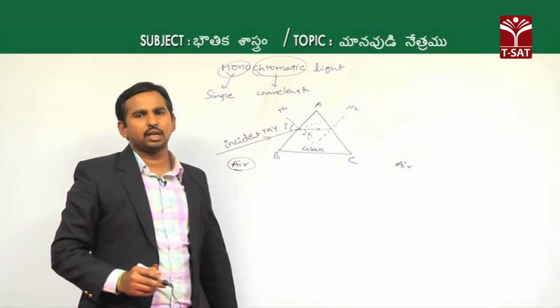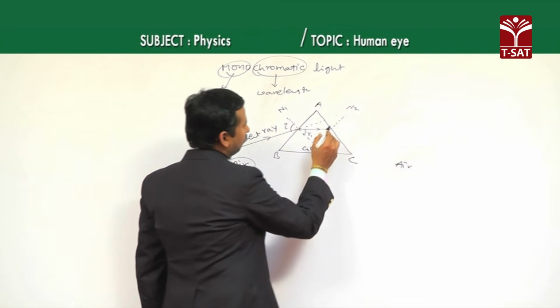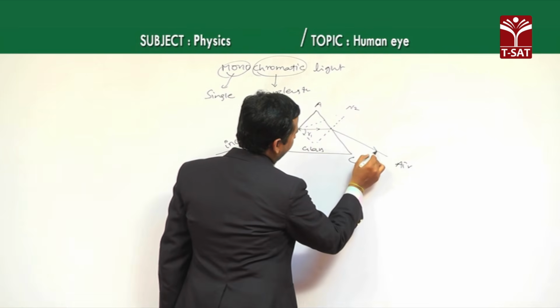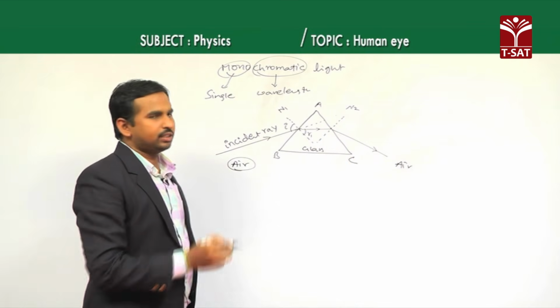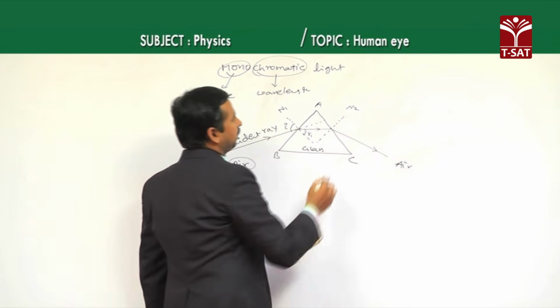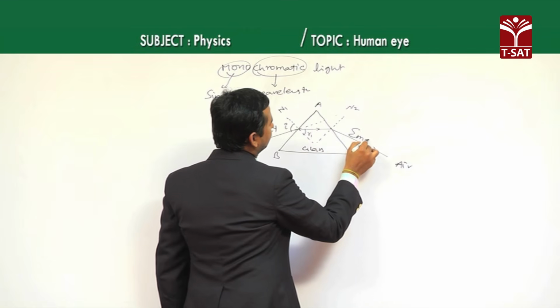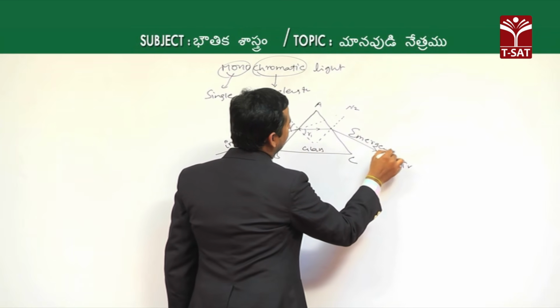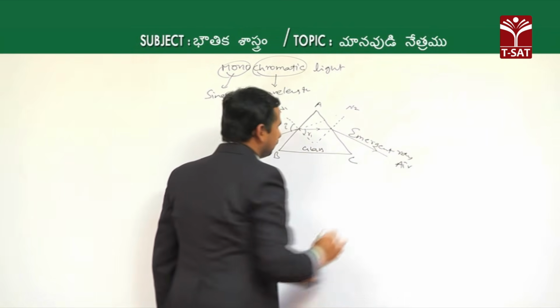The light ray which comes outside finally is called the emergent ray.